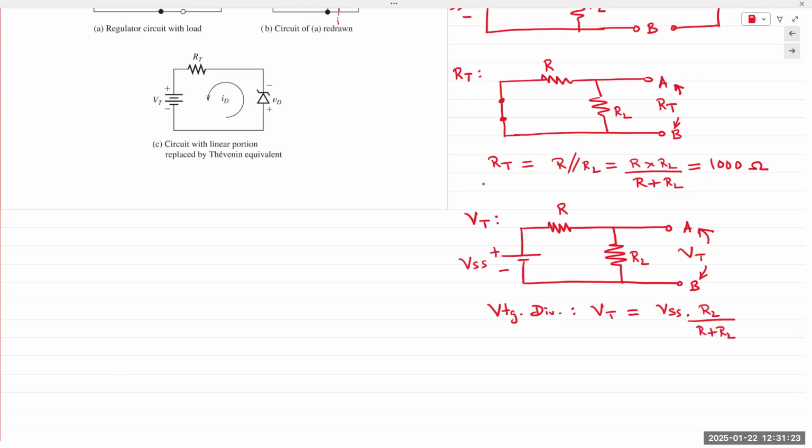Now this REQ is different because it's series, R and RL. So the Thevenin voltage is simply 24 times 6,000 divided by 1200 plus 6,000. And this turns out to be 20 volts.